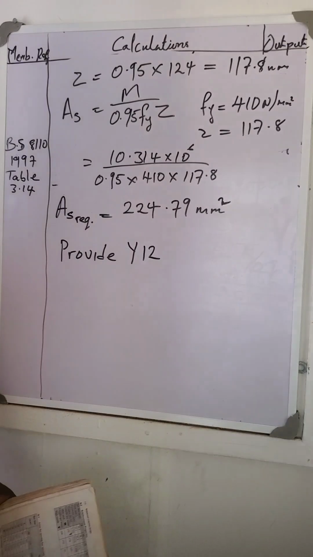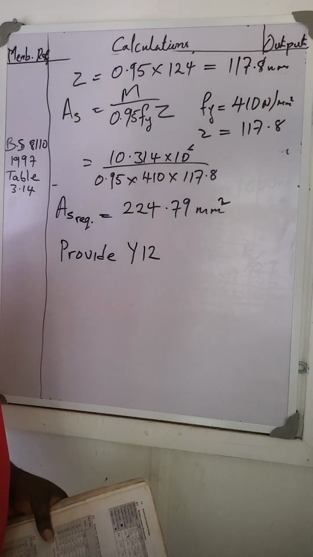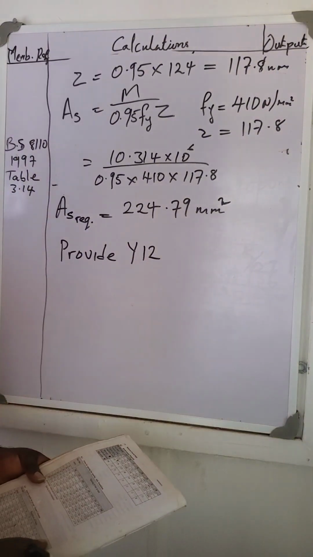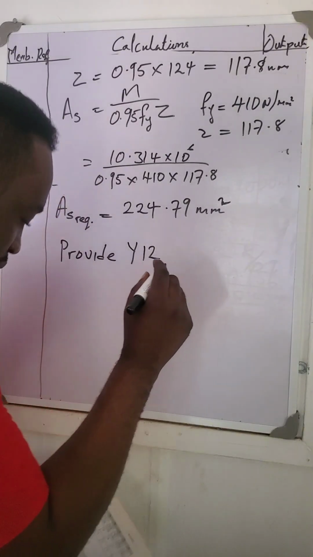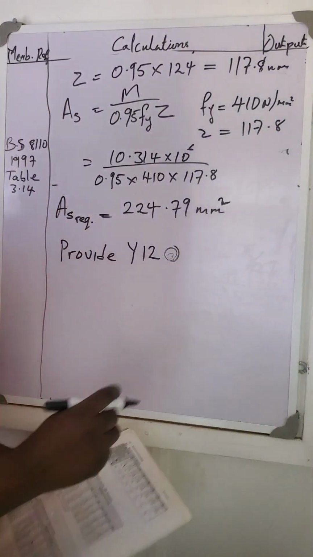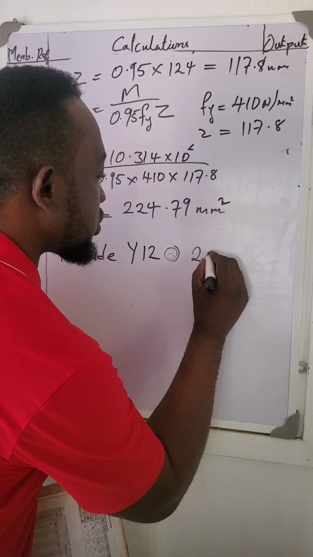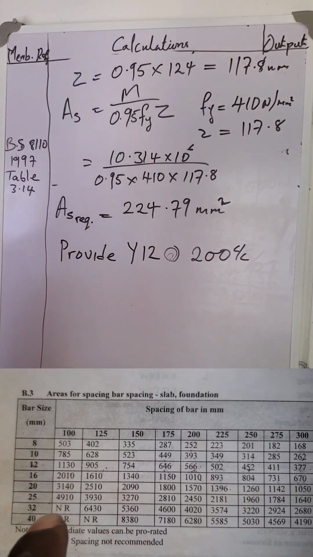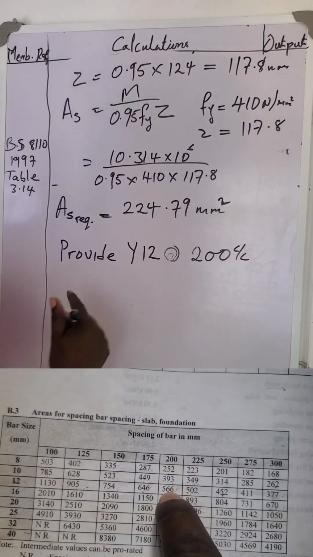But the steel in our market today is substandard. So I will now provide Y12 at 200 center to center, as Y12 at 200 center to center will give me 566.